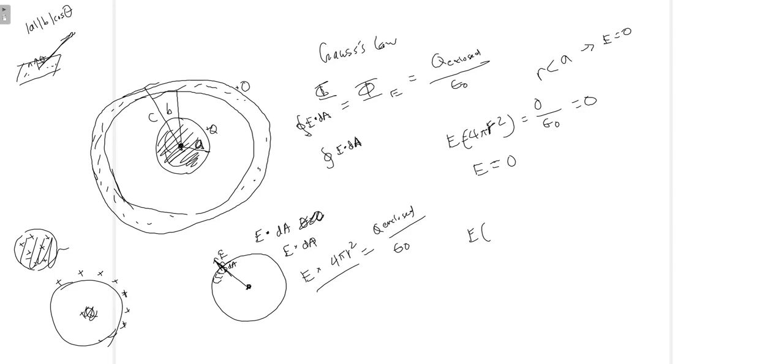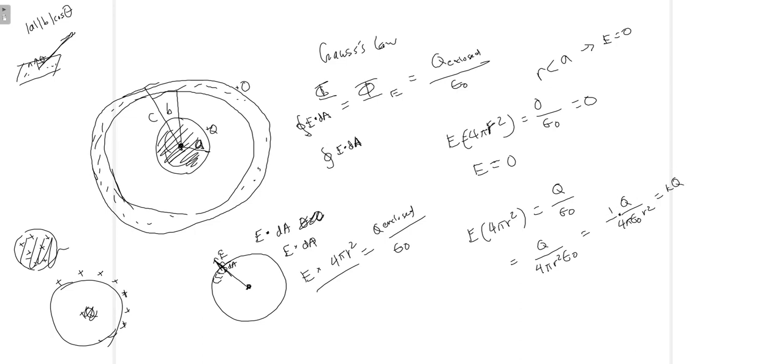Charge enclosed is equal to Q. So if we move everything to the other side, E equals Q over 4 pi epsilon 0 r squared.